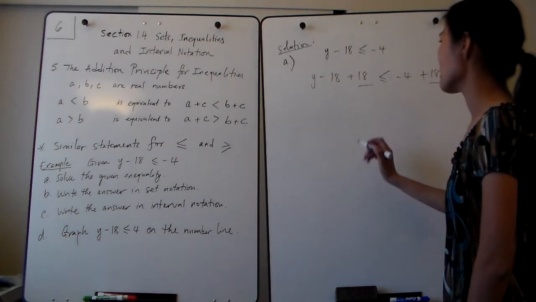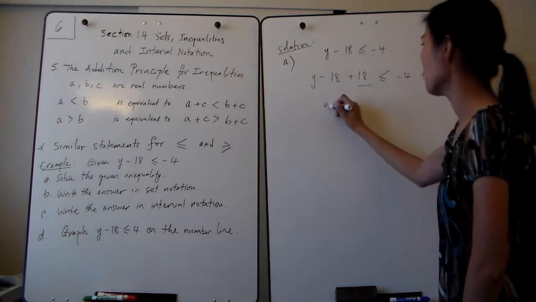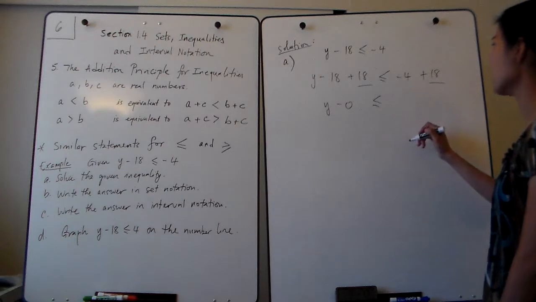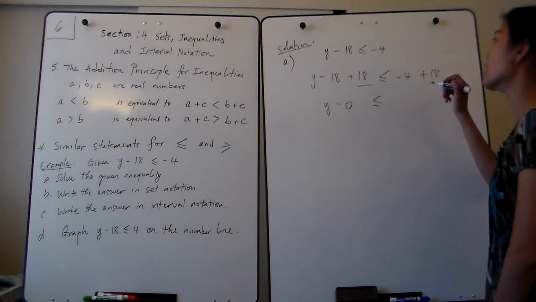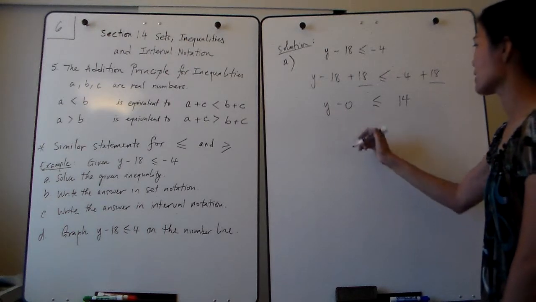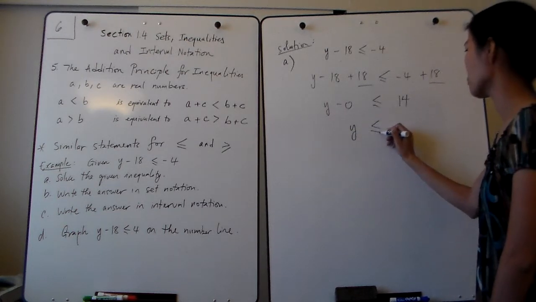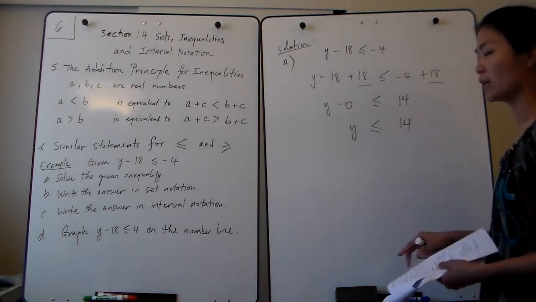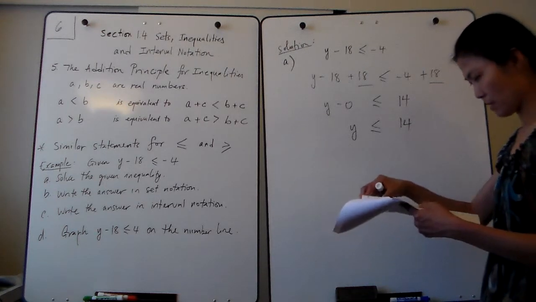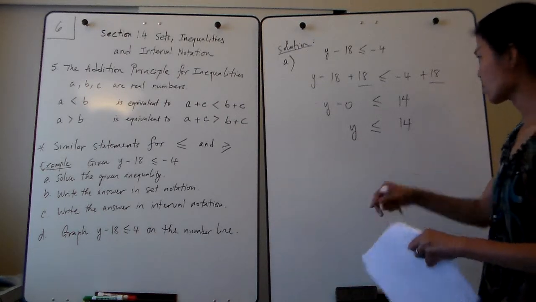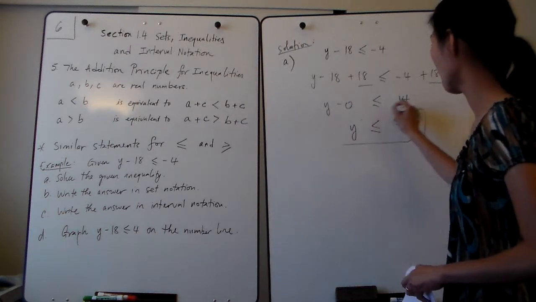Negative 18 plus 18 is 0. So y minus 0 less than or equal to negative 4 plus 18, which is 14. Okay? And then y minus 0 is y less than or equal to 14. So we have the answer right here: y less than or equal to 14. Let me check the answer. Yes, it is. So this is part A.